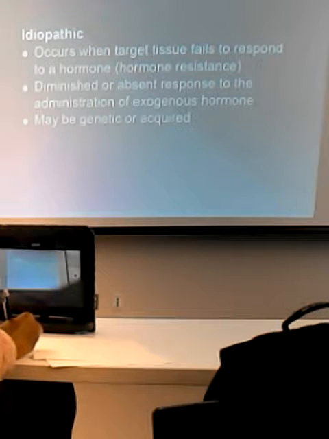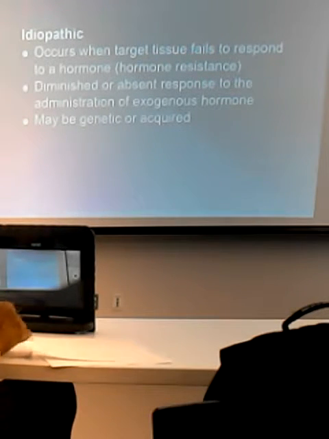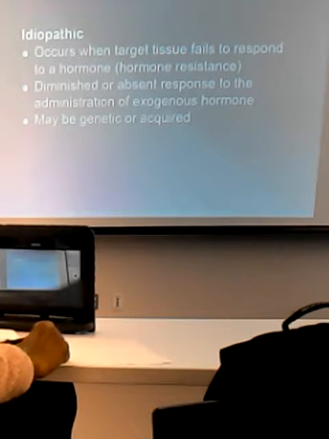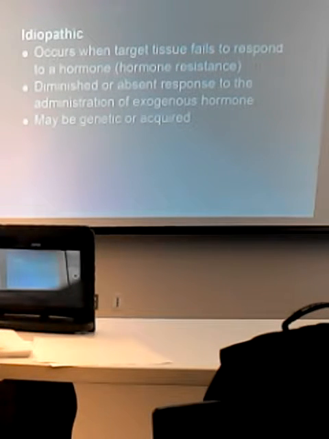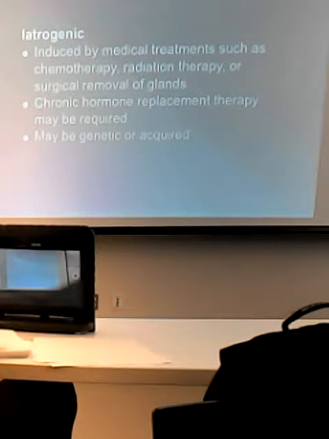Idiopathic, that means we really don't know what the cause of this is. Okay? Iatrogenic, that means that the healthcare provider screwed up. Well, it can mean that, but it doesn't necessarily mean that because there are so many things. When you give somebody chemo, if you don't give them chemo, you feel pretty good that they're not going to survive.